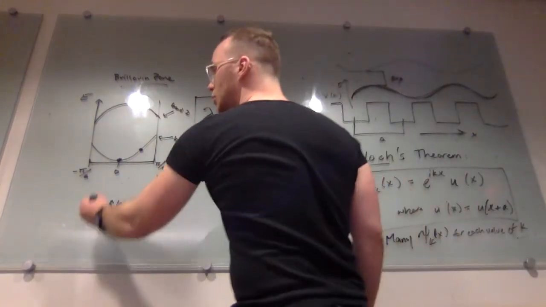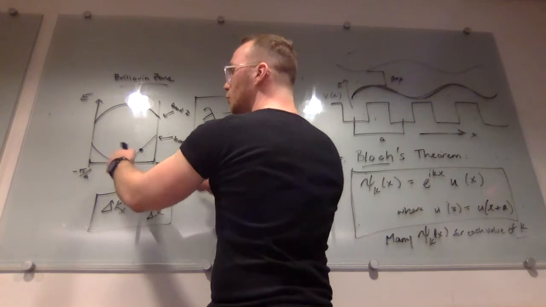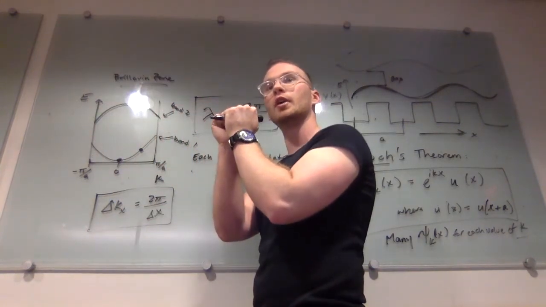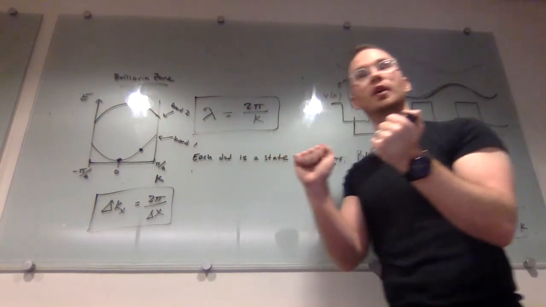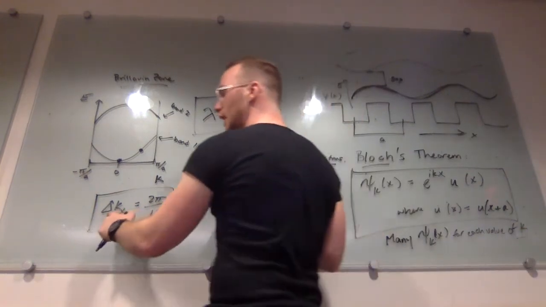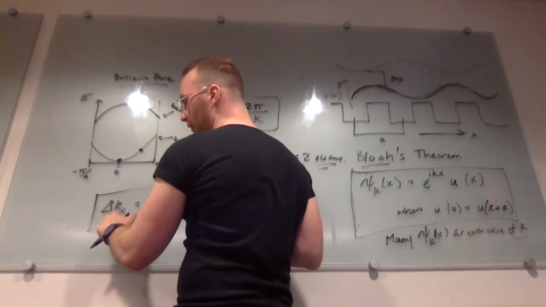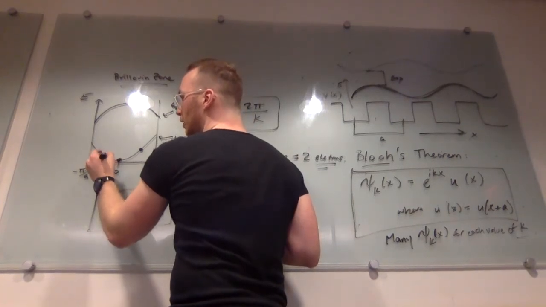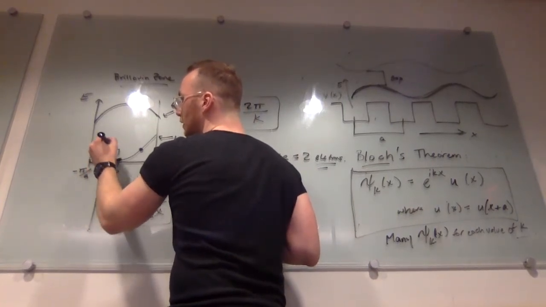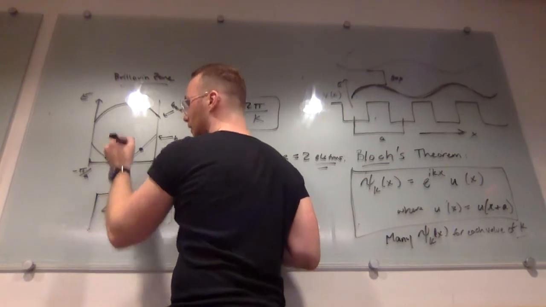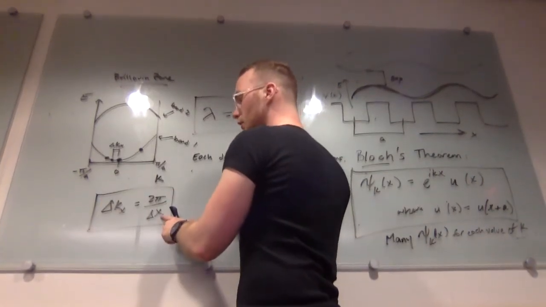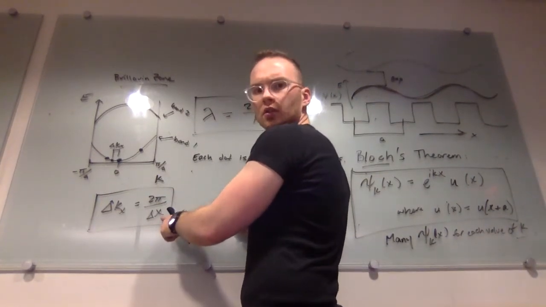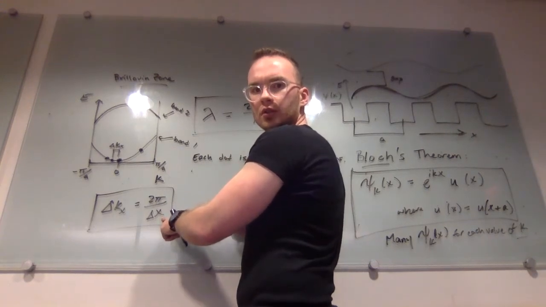The point is that you can't pack the states infinitely close together because of the uncertainty principle. So you just say that each one takes up this much space. If I put them here and here, the separation between these two is going to be delta kx, which is equal to, by the uncertainty principle, something.